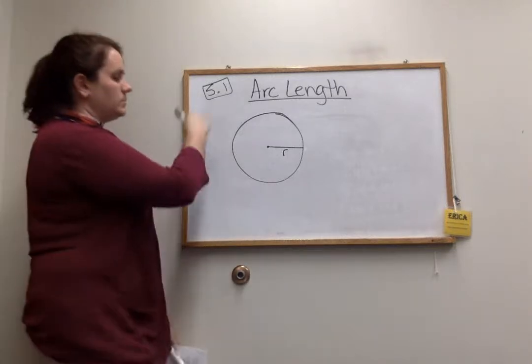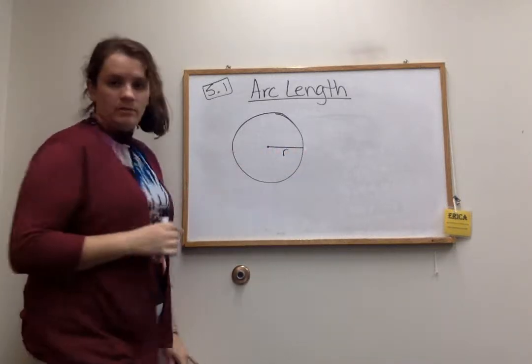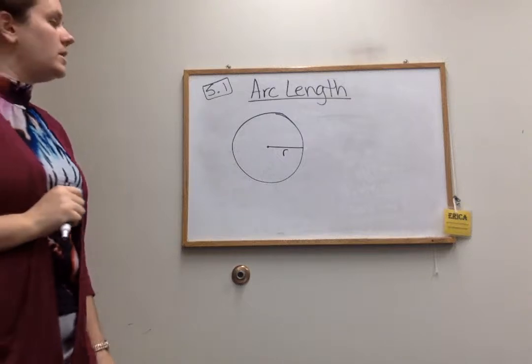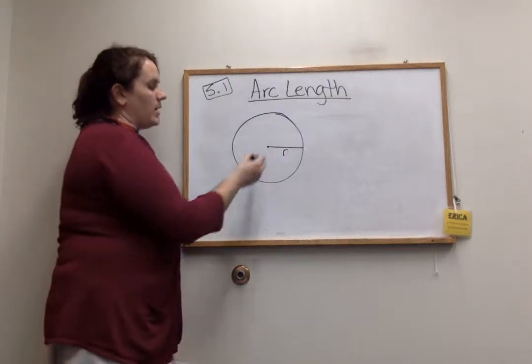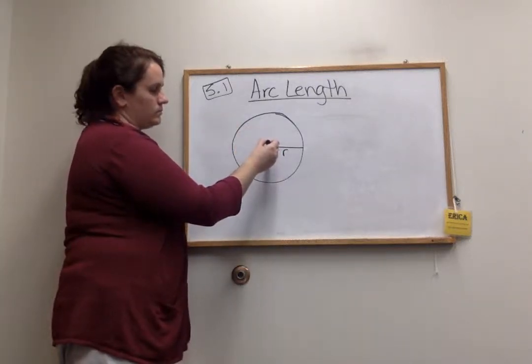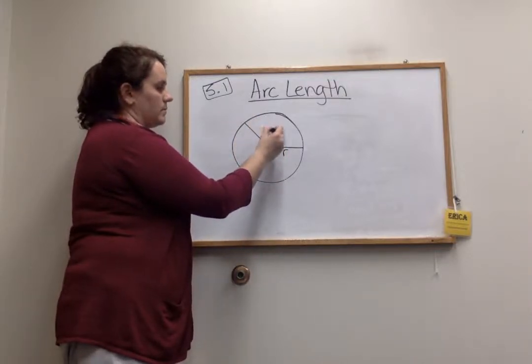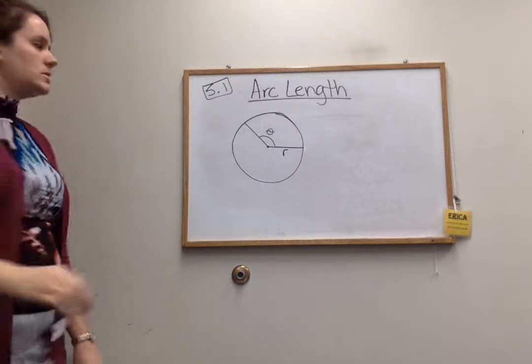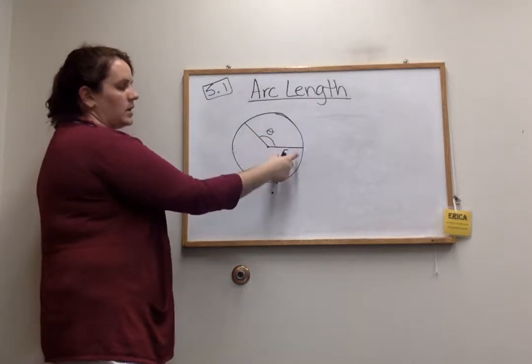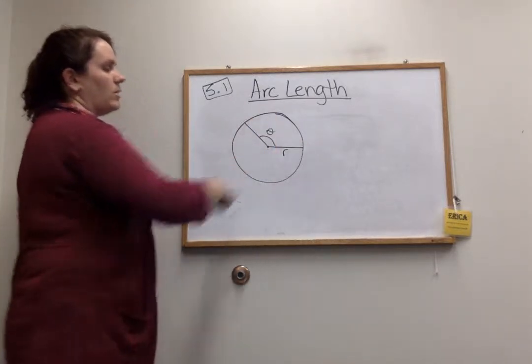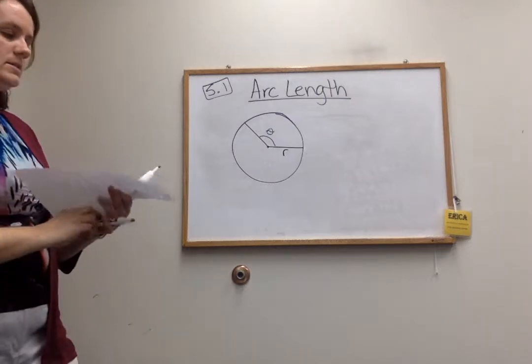So if we have a circle with a radius drawn in, a point from the center to the edge of the circle, and we pick any angle, this would be our angle theta. We can use our angle and our radius to help us figure out what the arc length is.